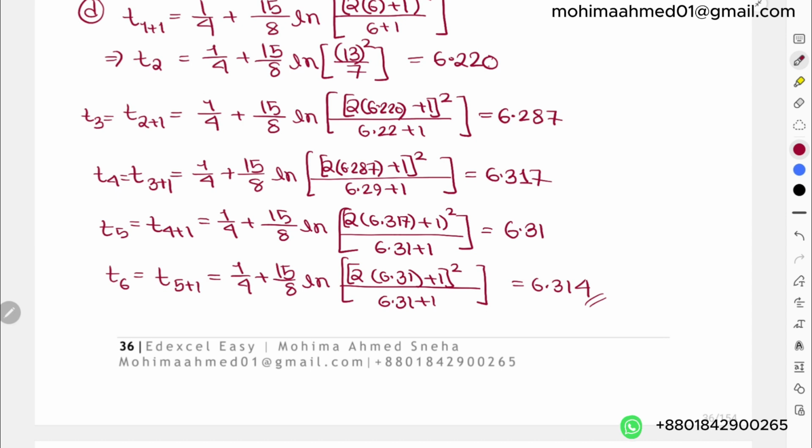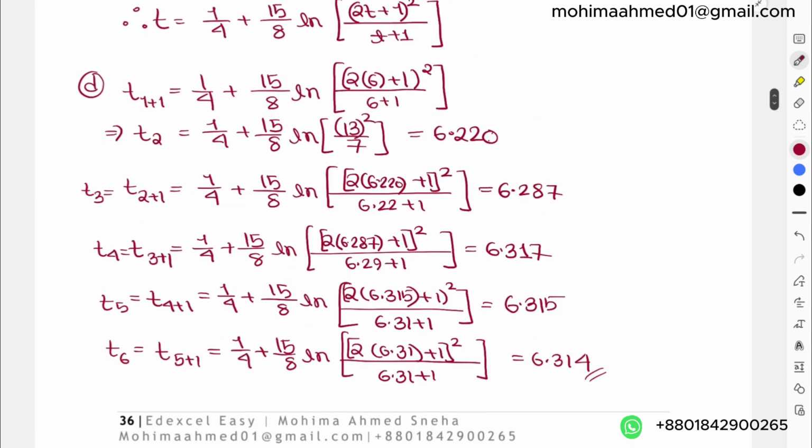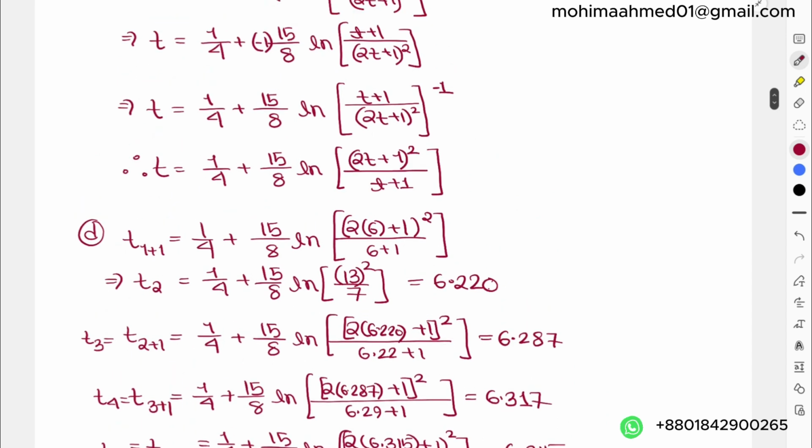So for that 317, I am getting 315, for which I get 314, right? So this is your final answer. Okay, so now we got the value for T2 and T6. This was part D.